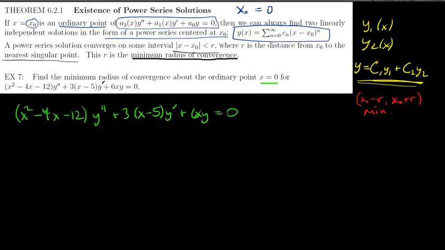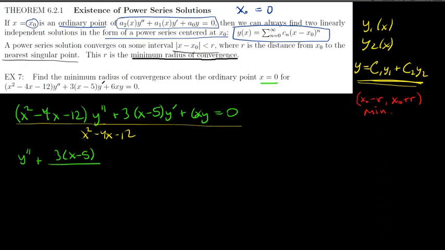So before we can find the radius of convergence, we have to divide by the a2 term here. So we're going to divide everything by this x squared minus 4x minus 12. That'll give us y double prime plus 3(x minus 5) divided by, and we might as well factor this.